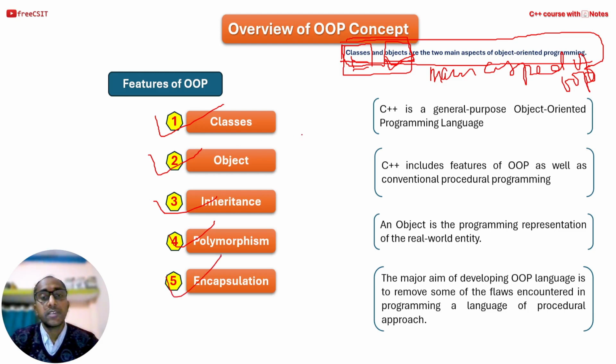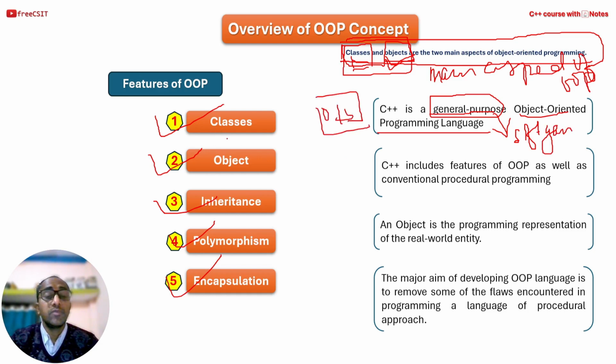So C++ is a general purpose object oriented programming language. General purpose means it was developed to create general and some special purposes like software development, game development, operating systems, OS development.